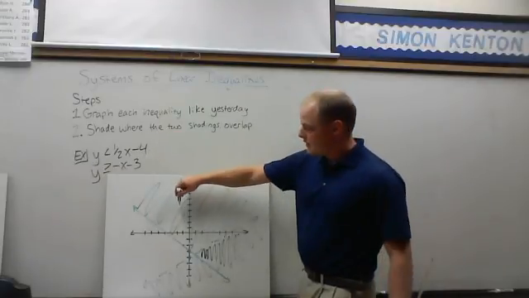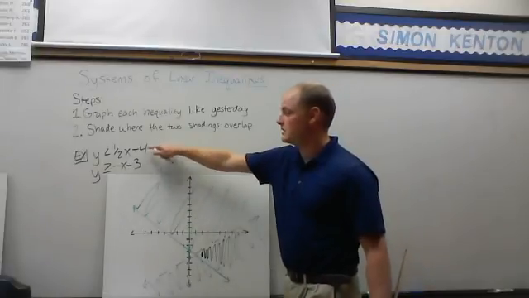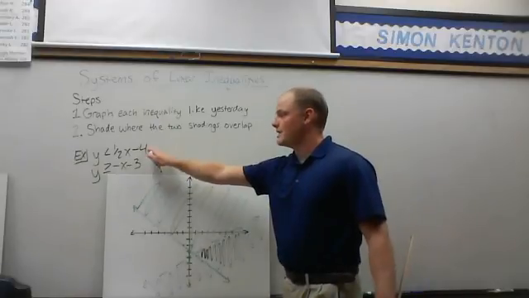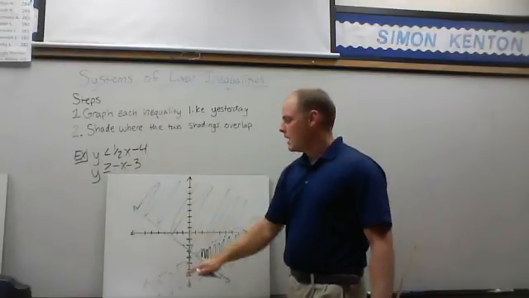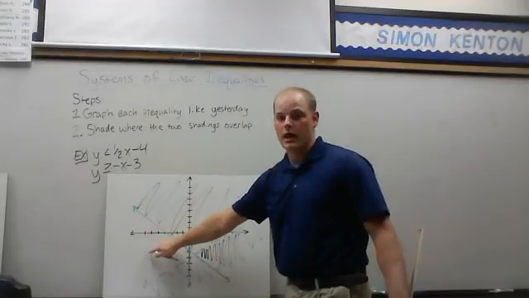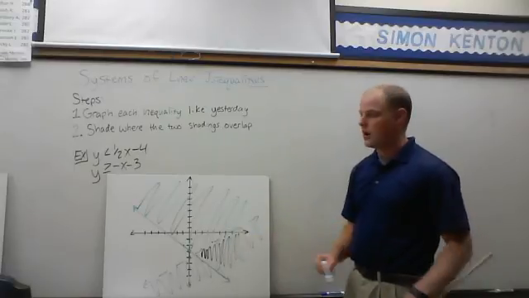Okay? This area up here only works for one. It works for this one, but it doesn't work for that one. This area down here works for the top one, but doesn't work for the bottom. This area over here doesn't work for either one. But our actual answer is this, the ones that work for both inequalities.